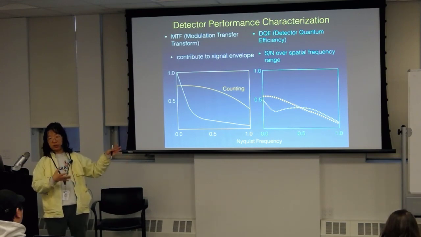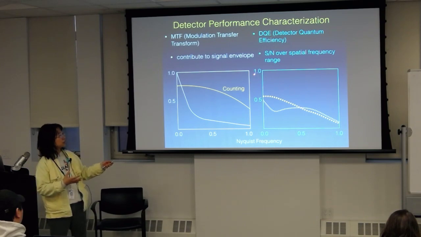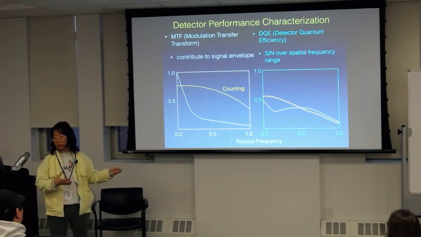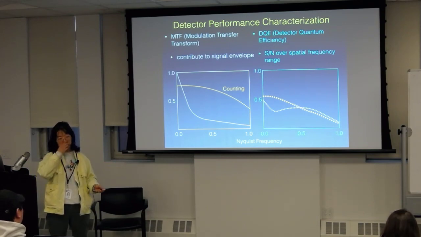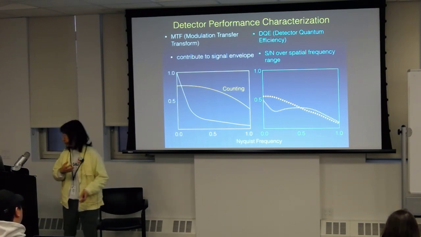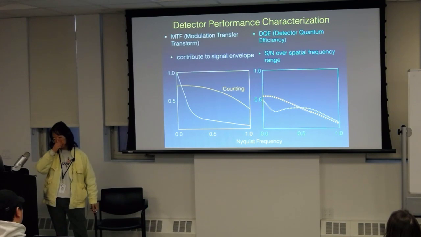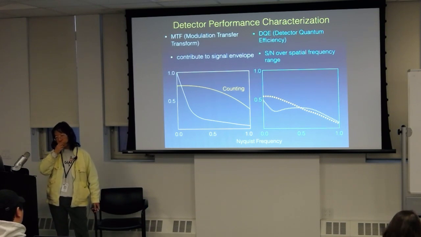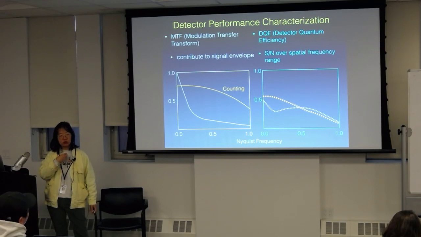Now, which one is better? The best one would be a DQE of 1 all the time, no matter what frequency you are talking about. So you get everything all the time. That would be the ideal situation. There is a camera that's promising to do that. Okay.